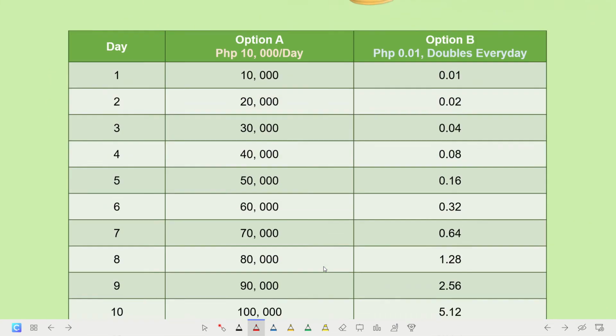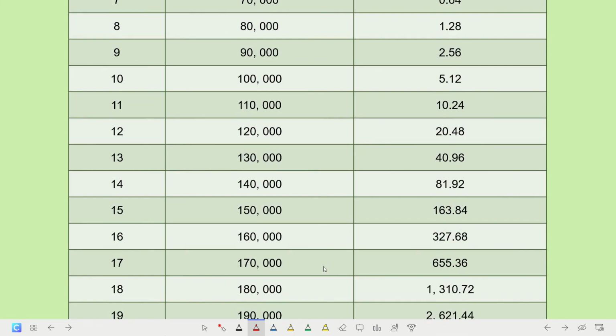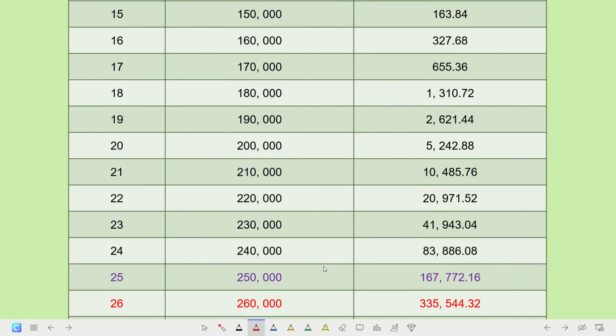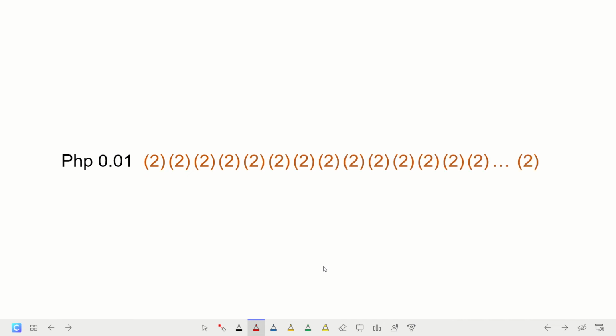We saw that over 30 days, option B will have greater value than option A. We multiplied 1 centavo by 2, and then the next day again by 2, until the 30th day, so there are 29 doublings.